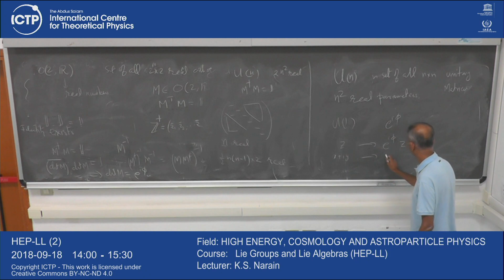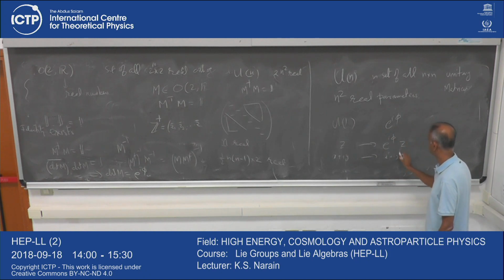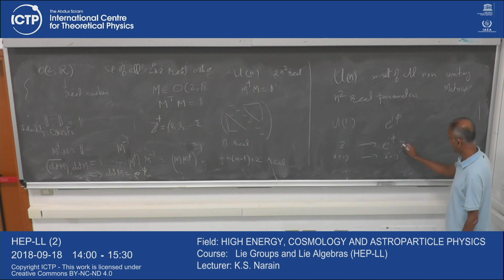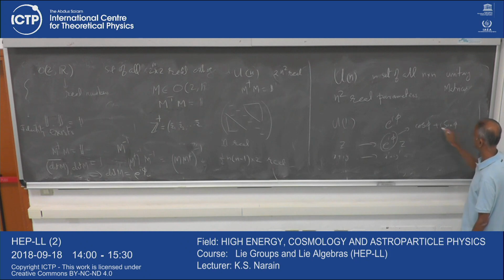This will go to some x prime plus i y prime. Now what is this? Well, e to the i phi itself is cosine phi plus i sine phi. You're familiar with that, right?